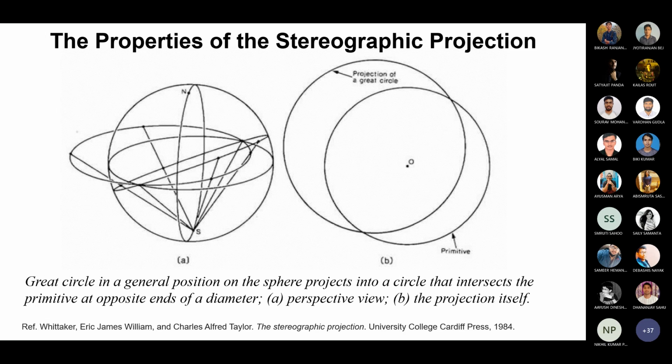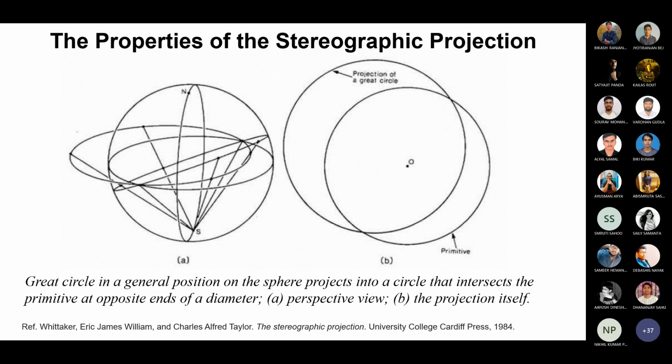You can see things very clearly, confined within the primitive. When this is done, the complete representation of the great circle actually consists of two arcs of large radius. Again, I am repeating, two arcs of large radius symmetrically related across a diameter of the primitive.